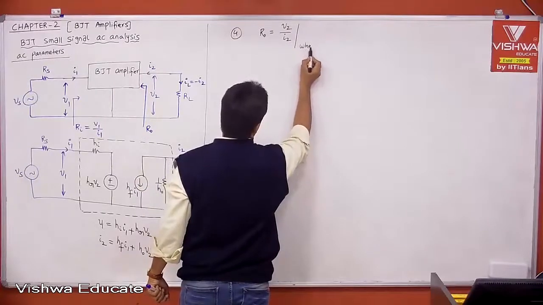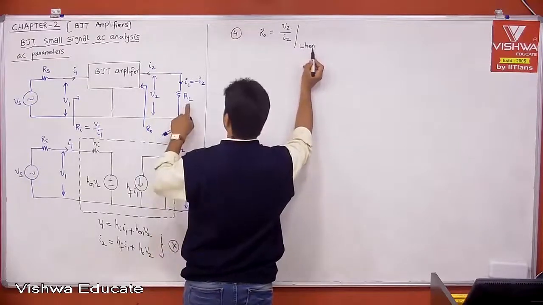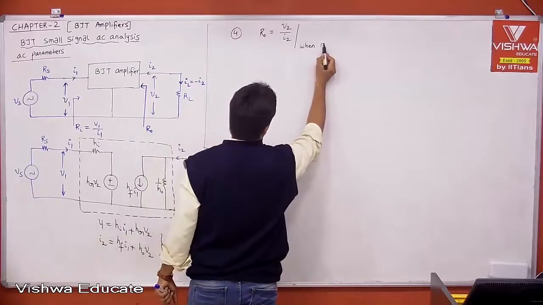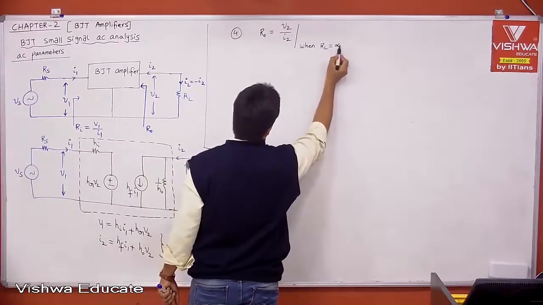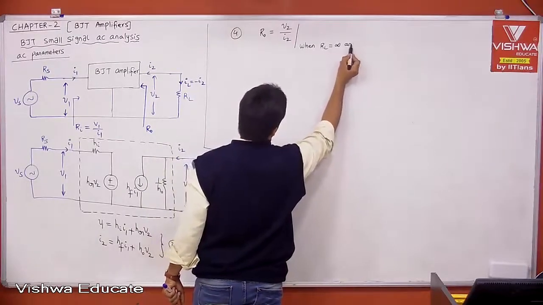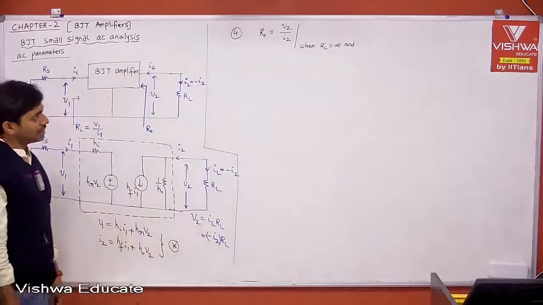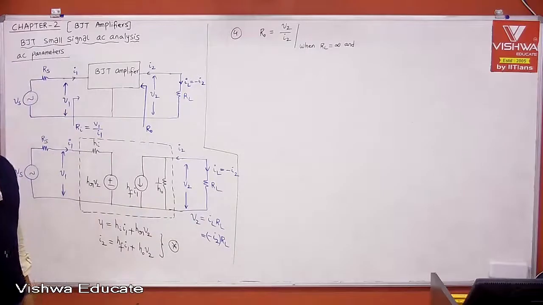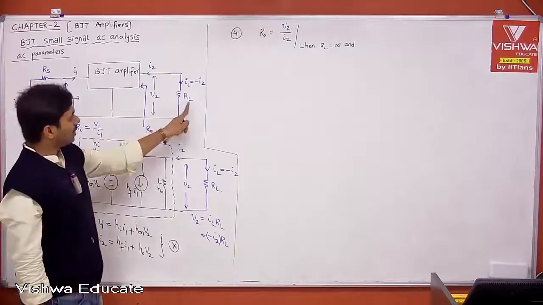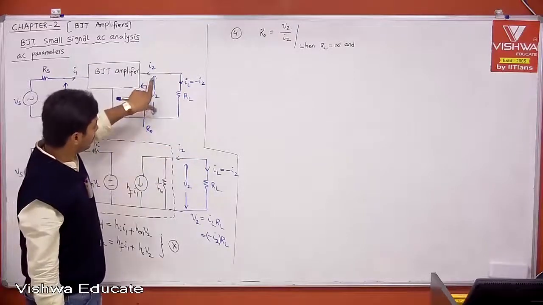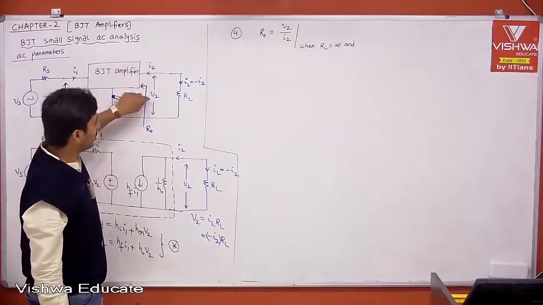After excluding the load, when RL is infinity, and there is something else, if I say that you'll get a doubt, and then immediately I'll clarify with another example. Then RL should be excluded, then apply the voltage V2, then get the current I2 because of V2.